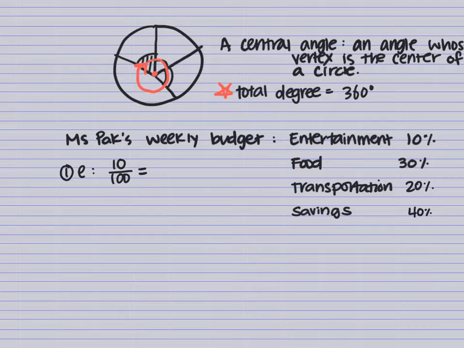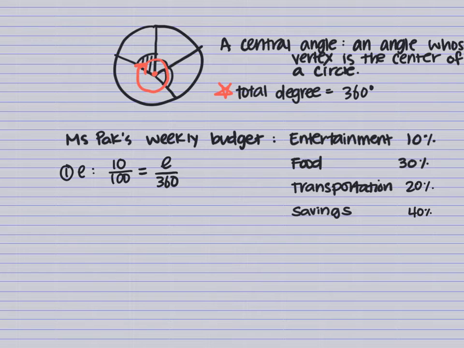And then I'm going to set up an equation with the total angle degree, which is going to be 360 degrees. And then I have to find out the angle measurement for E, entertainment. Once you set up this equation, you can work with cross multiplication.